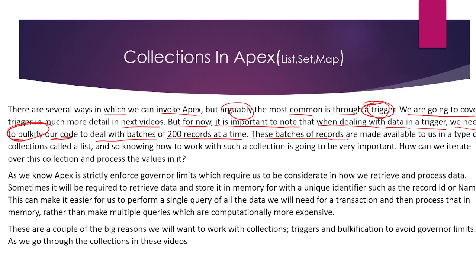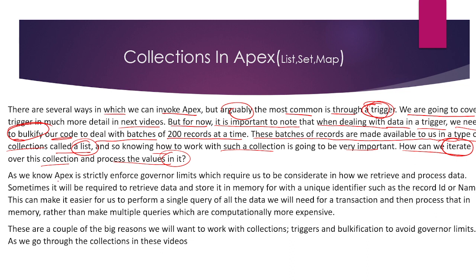These batches of records are made available to us in a type of collection called a list, and so knowing how to work with such a collection is going to be very important. How we can iterate over this collection and process the values in it. This is very important. I will teach you how to iterate, how to run a loop on a list.